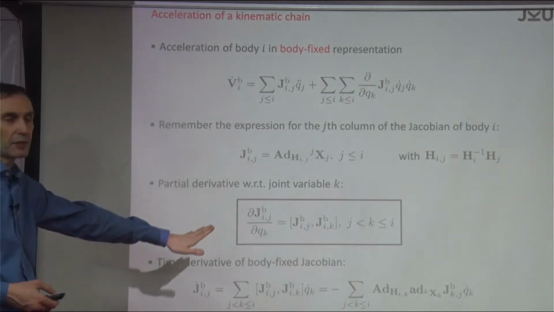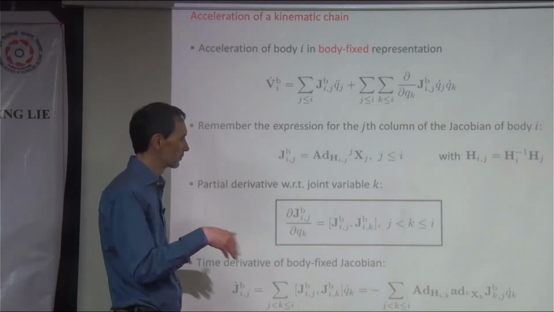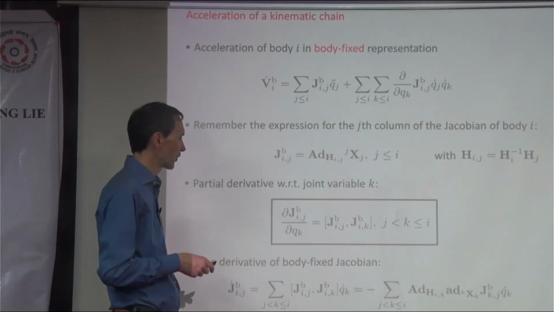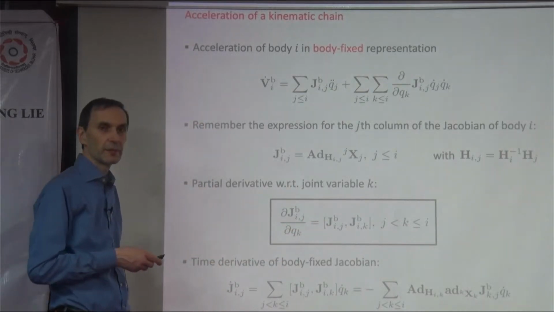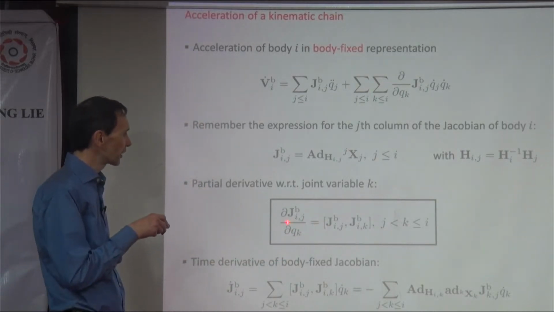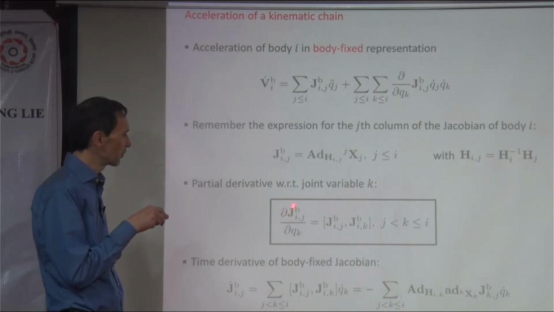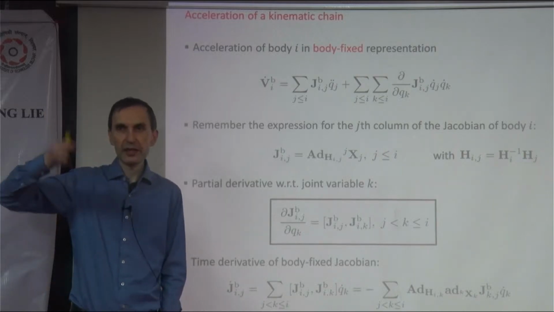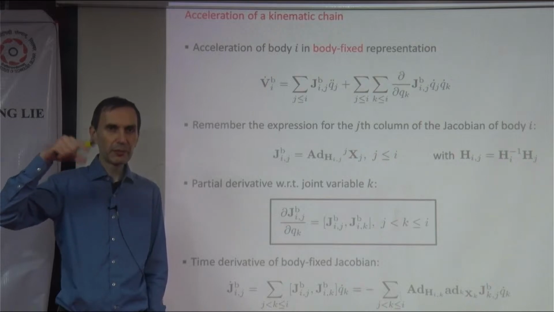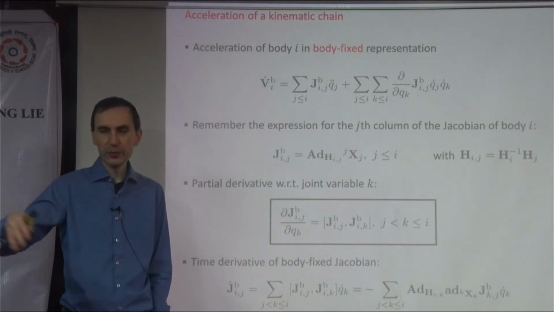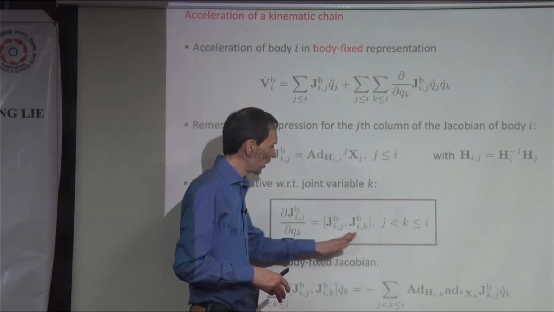This equation I just give to you, because it takes too long and is maybe beyond the course to derive it. But anyway, this is the result. And this is why we need this screw product, because it is a very nice result: we get the partial derivative of the column J in our Jacobian. You don't have to take symbolic partial derivatives or use computer algebra systems, because what you get is an explicit algebraic form.